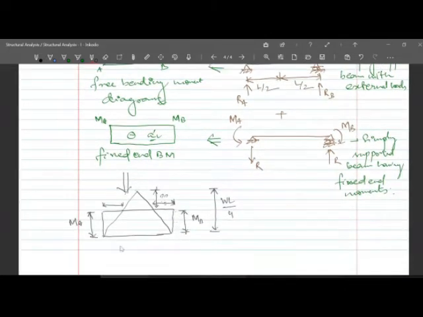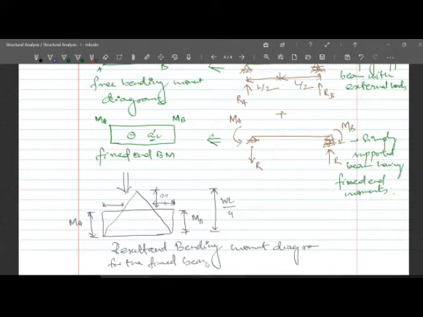So I can write this as the resultant bending moment diagram for the fixed beam having a concentrated load at midspan. Okay, right.